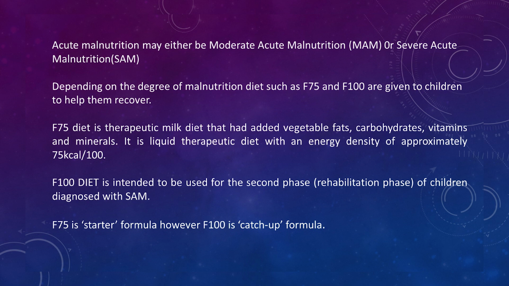After the diagnosis, depending on their degree of malnutrition, the treatment and diet are given. Initially they are given the F75 formula, and later on the F100 formula is given to recover these children faster. Now, what is F75? F75 is a therapeutic milk diet with added vegetable fats, carbohydrates, vitamins and minerals.